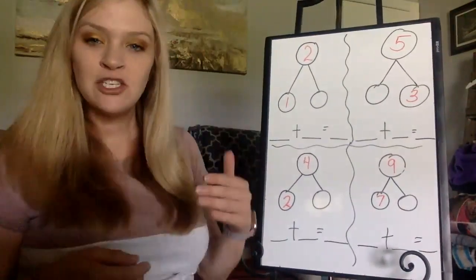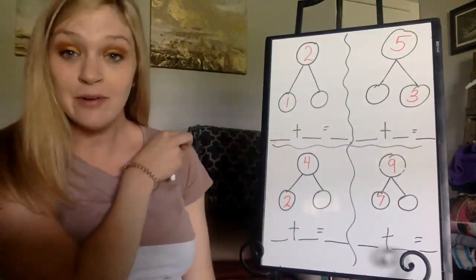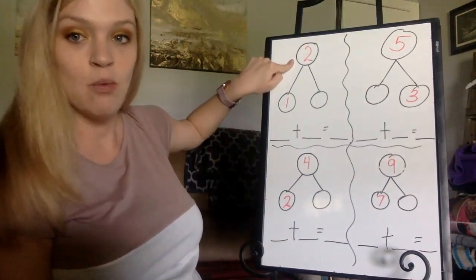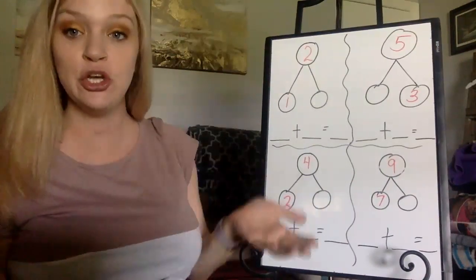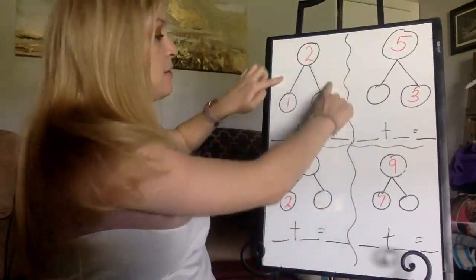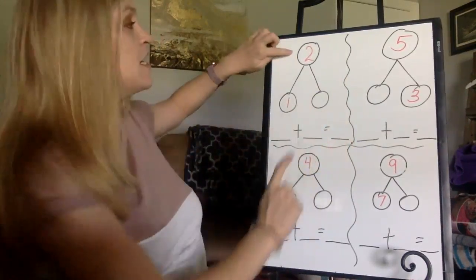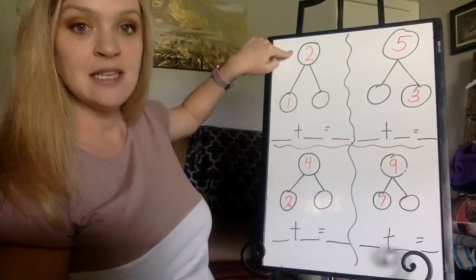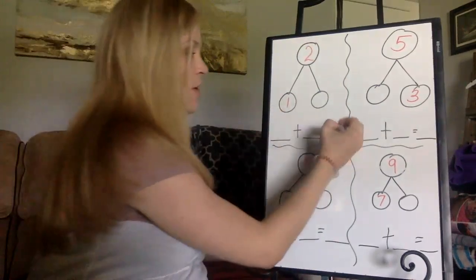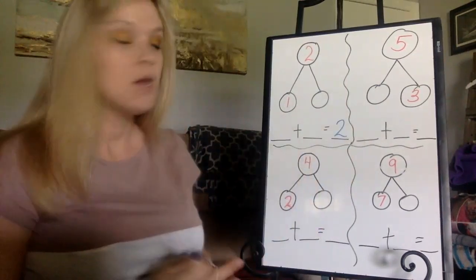We're going to start with a smaller number because I think that's easier, and then work into bigger numbers. Our first number is 2. When you take 2, you see that we are breaking it apart into 2 other numbers. The number up here in the big circle up top, that's your answer. So I'm going to write 2 there.